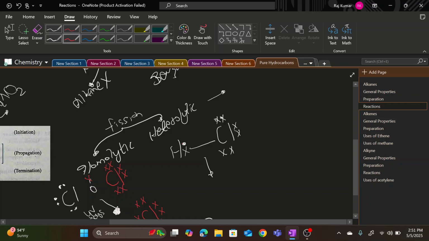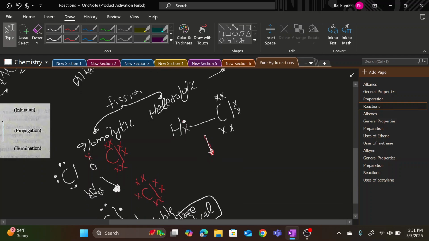So, what I actually do is, I provide it with energy, and at that point, this was a shared pair of electrons, this was a bond pair. One atom will be having no bond pair, and the other atom will be having the entire bond pair.